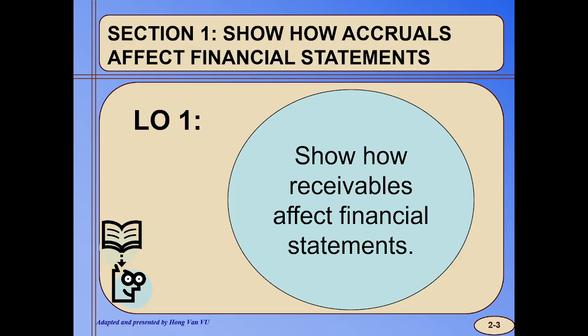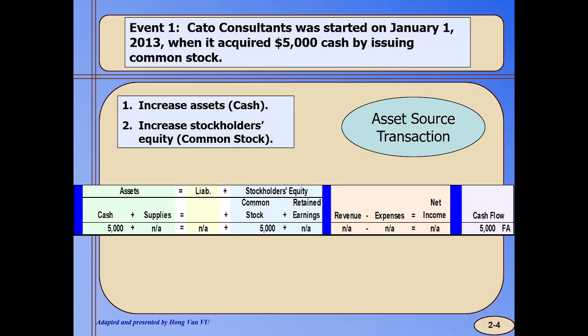So now for the first learning objective, we'll show how receivables affect financial statements. We have a first event: the company, Cato Consultants, acquires 5,000 of cash by issuing common stock, right? Here is the effect of this transaction on the financial statements.